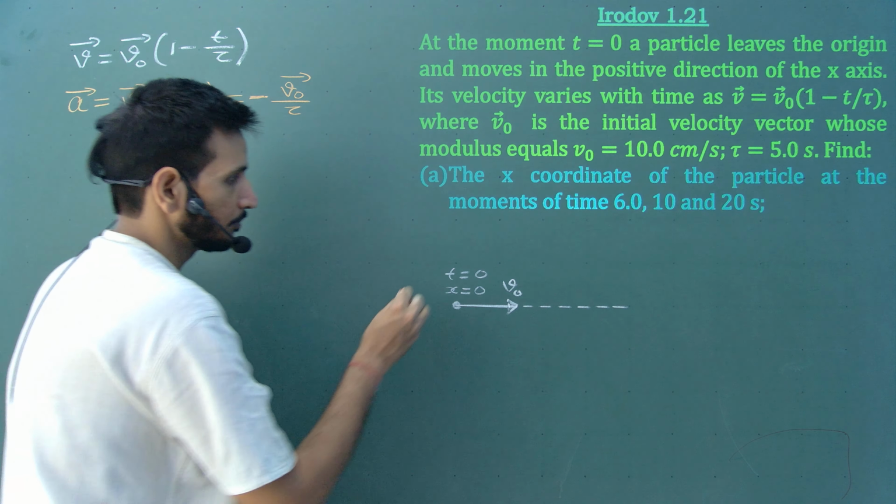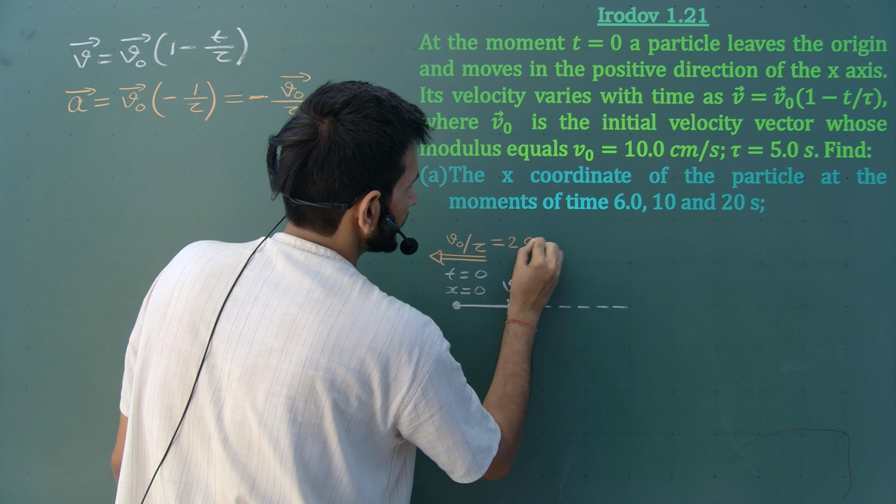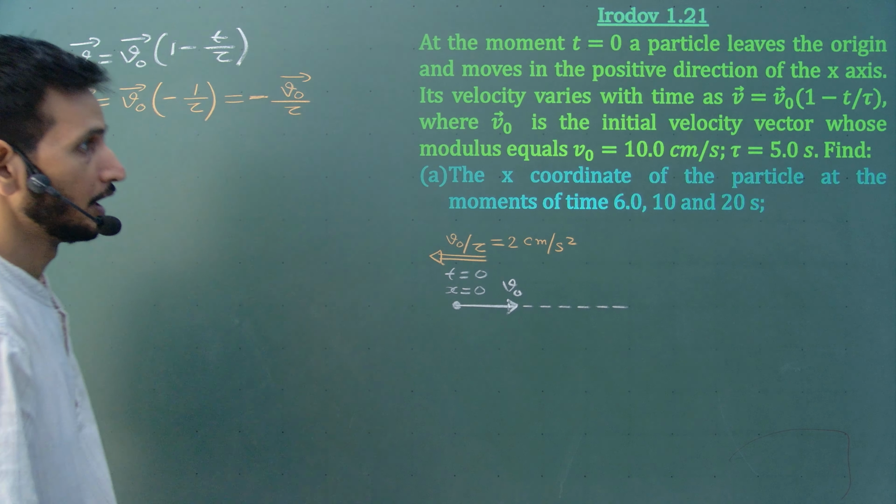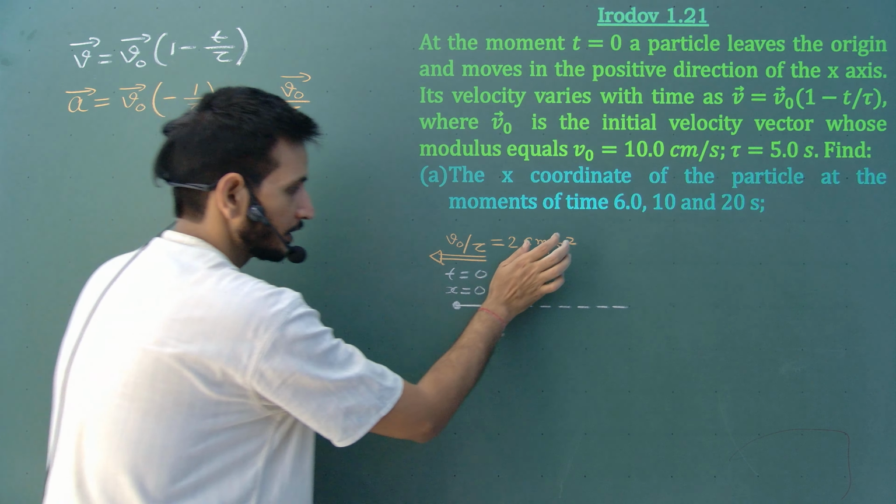And what is the magnitude of this acceleration? V naught by tau. V naught is 10 and tau is 5, so 2 centimeter per second square. What is the initial speed? The magnitude of initial speed is 10 centimeter per second.